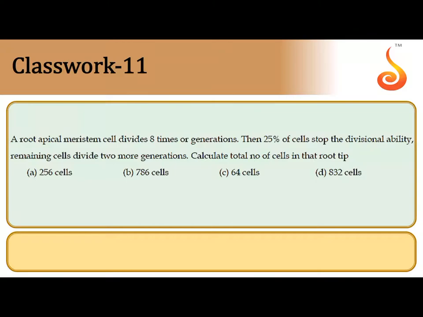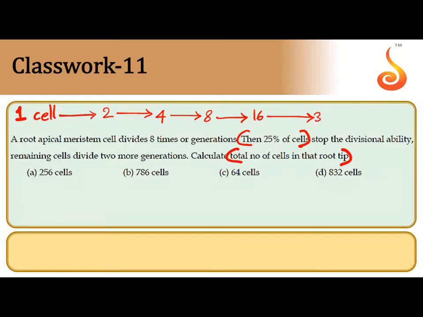A root apical meristem divides for 8 generations, and they're asking, if 25% of the cells stop dividing, then how many cells are there in the root tip? So let us start with one cell. One cell becomes 2, 2 becomes 4, 4 becomes 8, 8 becomes 16, 32, 32 becomes 64, 64 becomes 128, 128 becomes 256.